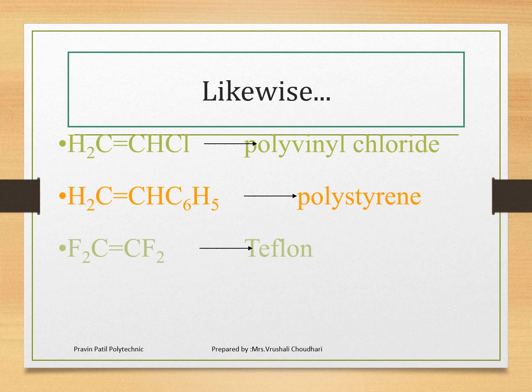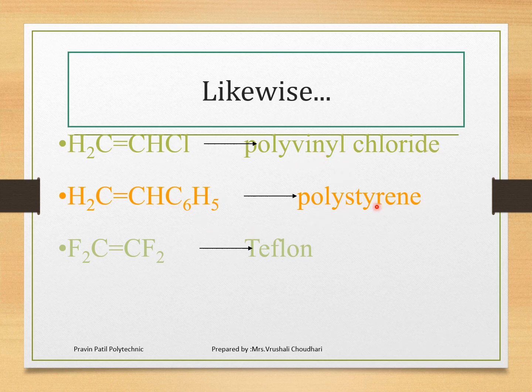Here we see that vinyl chloride is present. When polymerization takes place and the chain is formed, it forms a chain of polyvinyl chloride. The commercial name is PVC, polyvinyl chloride.